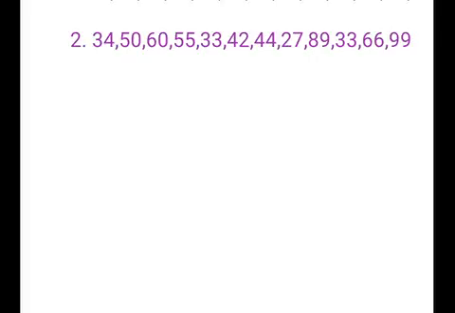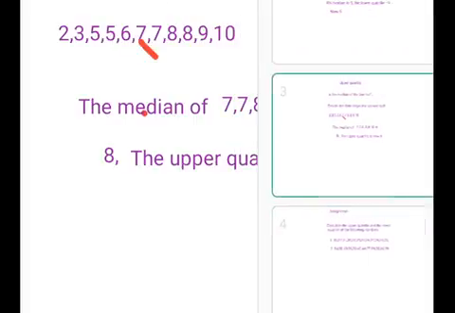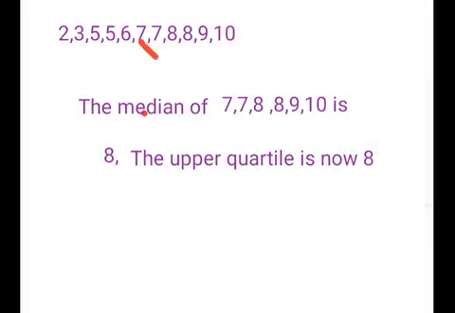The upper quartile. Just as we have done for the lower quartile, we now get the second half of our data, then we get the median of that second half. Our data was 2, 3, 5, 5, 6, 7, 7, 8, 8, 9, 10.